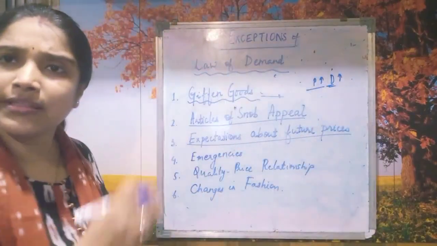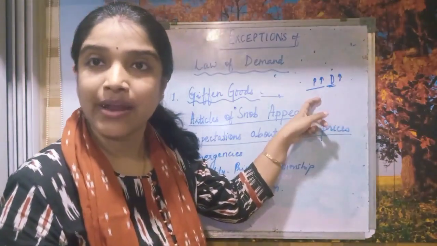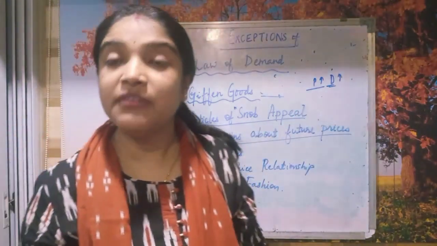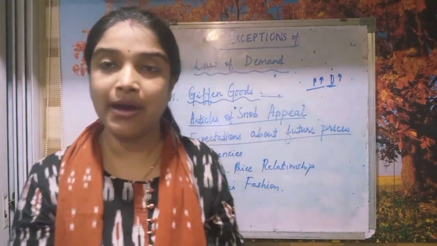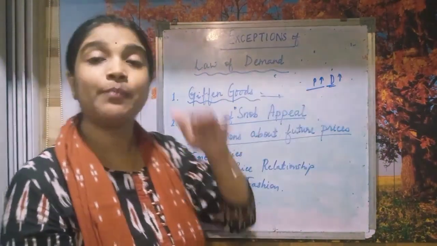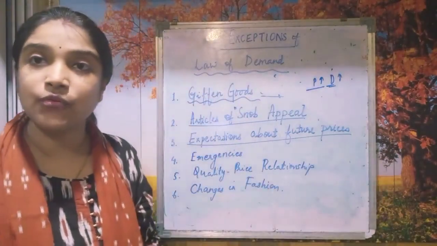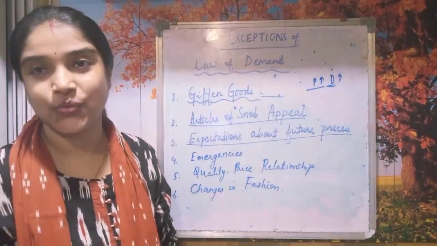So is this following the law of demand? No. Ideally, if the price is expected to rise, the demand should fall. But future price expectations fall as an exception to the law of demand. It is not following the law of demand, because when we are expecting the price to rise in the future, the demand is also rising in the present situation.